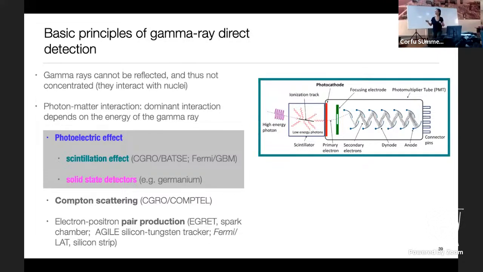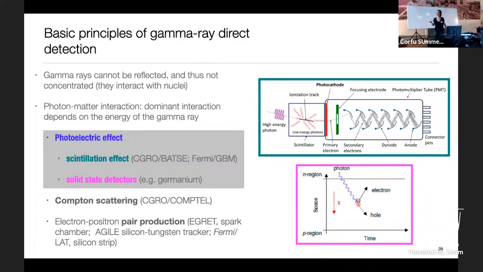Low-energy photons can be collected and registered, but you cannot do that with high-energy photons. You need to transfer the energy into low-energy photons that are easily collected, and then these go into the photocathode and become an electronic signal that is multiplied and finally detectable.